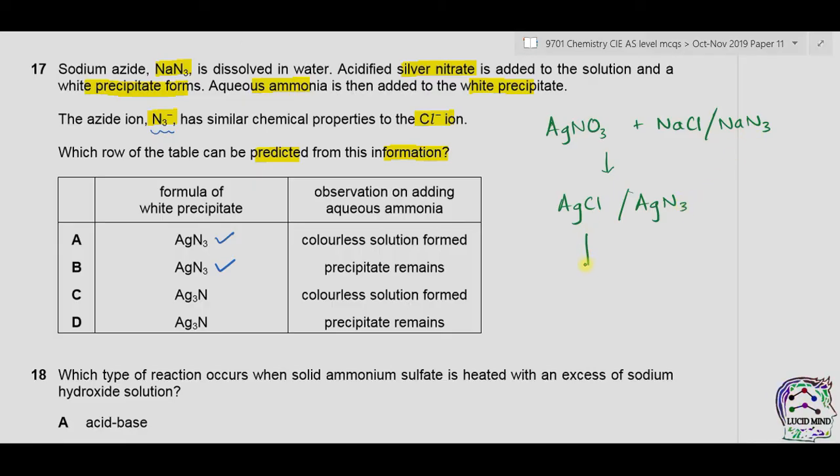Now for silver chloride precipitate, we know that it is soluble in aqueous ammonia. So same will be true for silver azide. So colorless solution will be formed. The precipitate does not remain, so it is incorrect. This one is correct. The answer is therefore A.